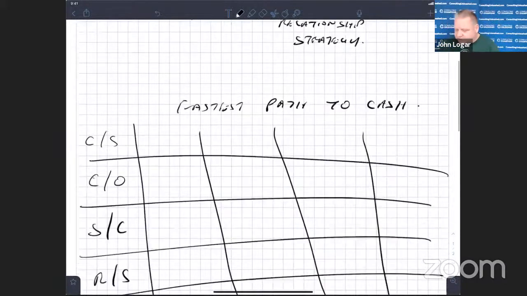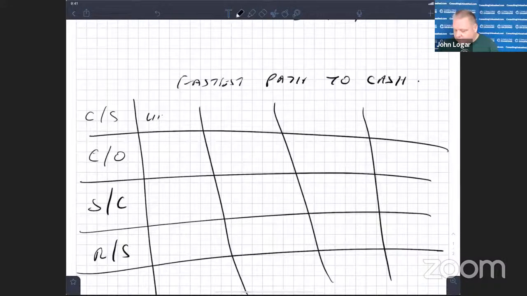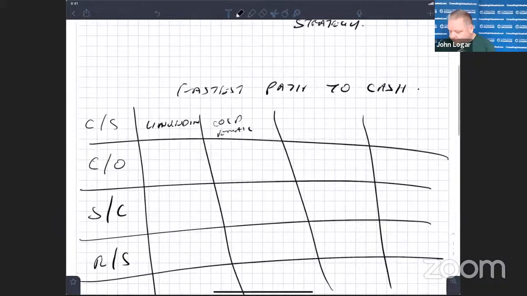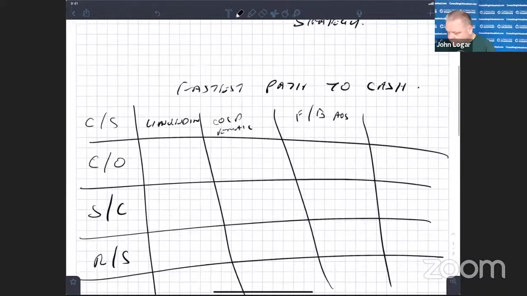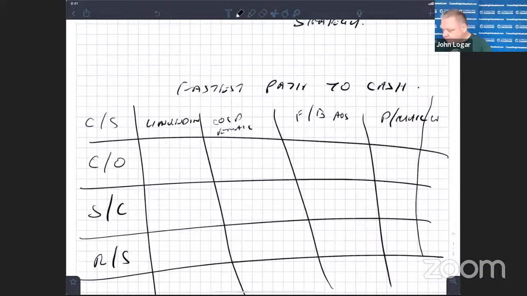Our connection strategy would be things like LinkedIn. It could be a cold email, Facebook ads, direct mail, a webinar.